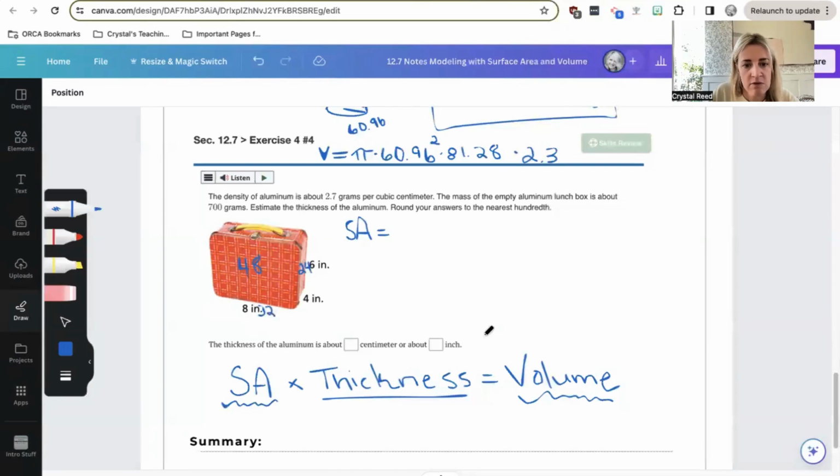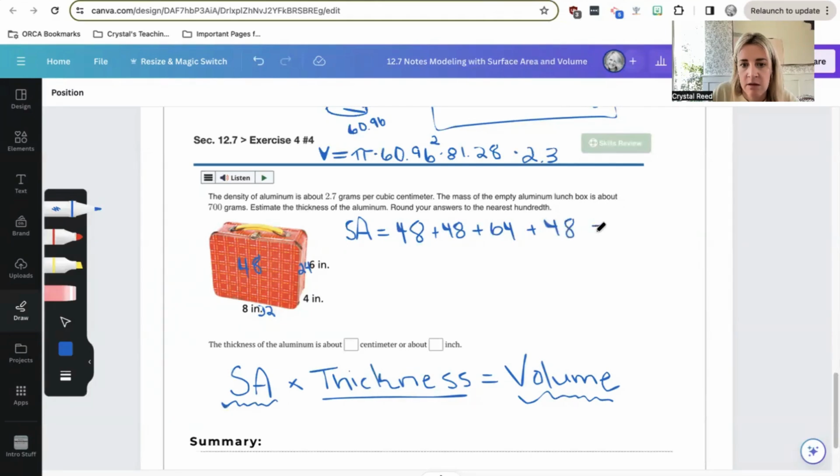So we're going to do 48 plus 48 for the front and back. Top and bottom, 32 plus 32. So that's 64. And then 2 sides added up, 24 plus 24, 48.